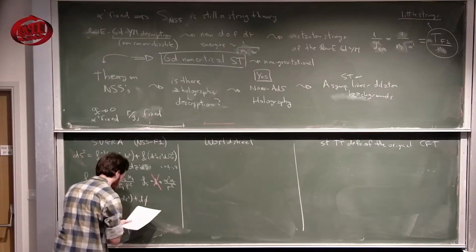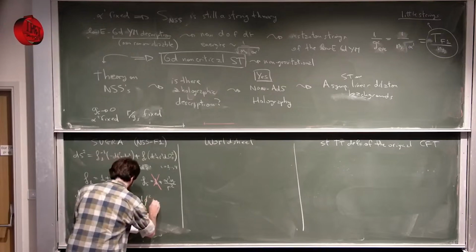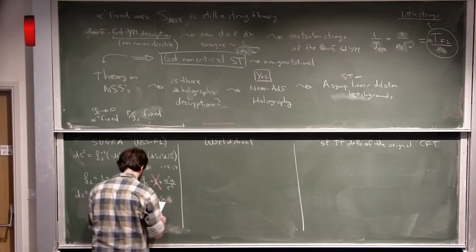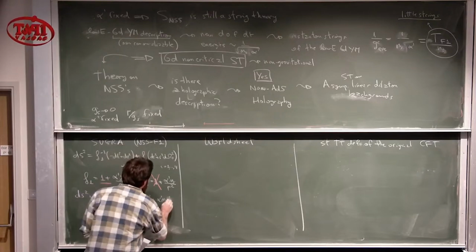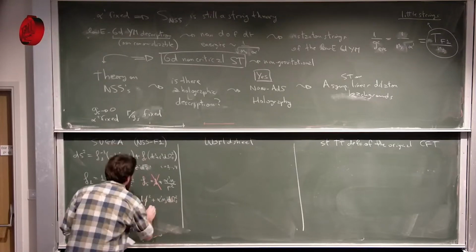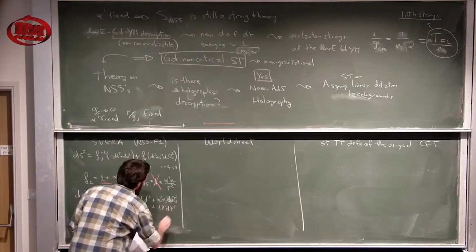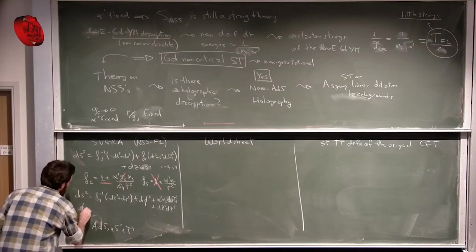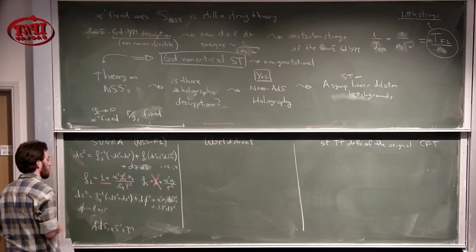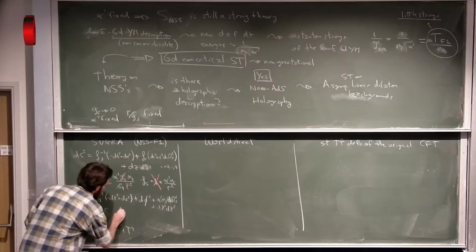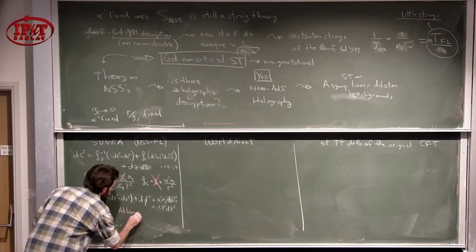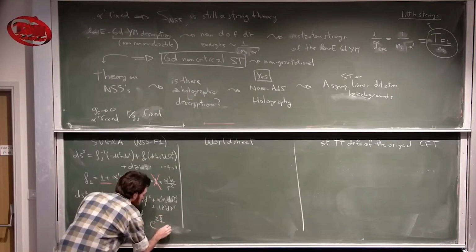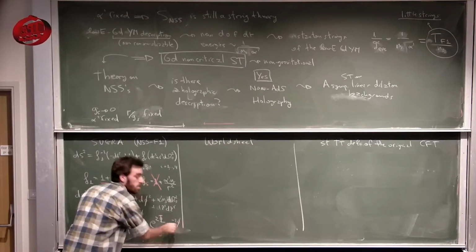I define some new coordinate phi. And you can check that at large phi, this phi goes like the log of r with a minus sign, and the actual string dilaton behaves like this phi coordinate.